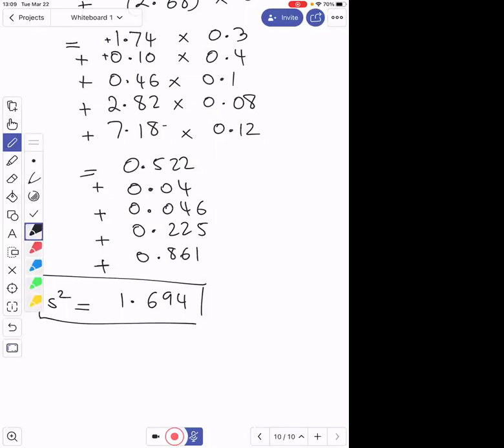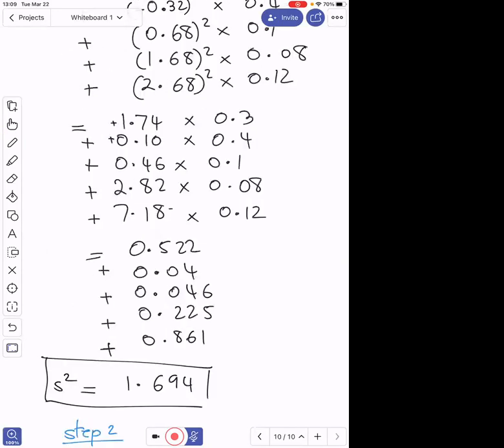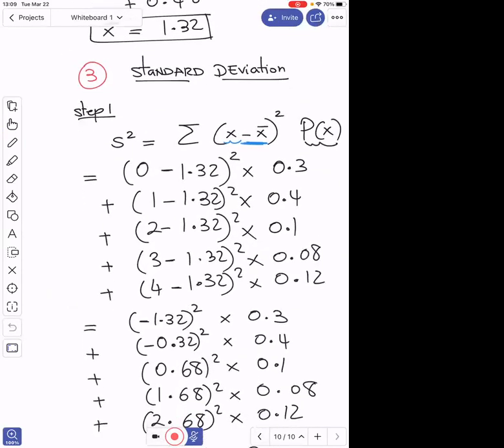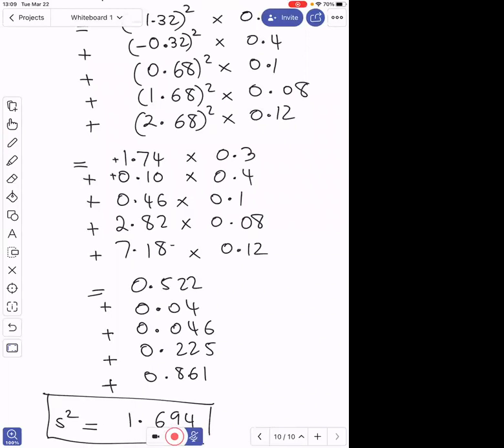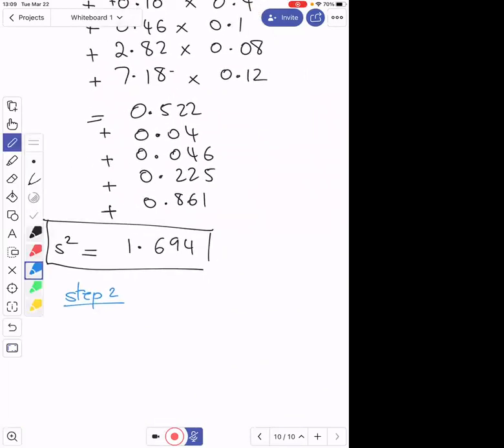And then, okay, I was going to say that we don't have to find the square root of that, but of course, yeah, we need to find the square root of that. Yeah, absolutely. This is step number 2. Did I write step 1? Yes. So step 1, that's this S squared, that's the variance. Then step 2, of course, that's the standard deviation S, which is of course the square root of S squared.